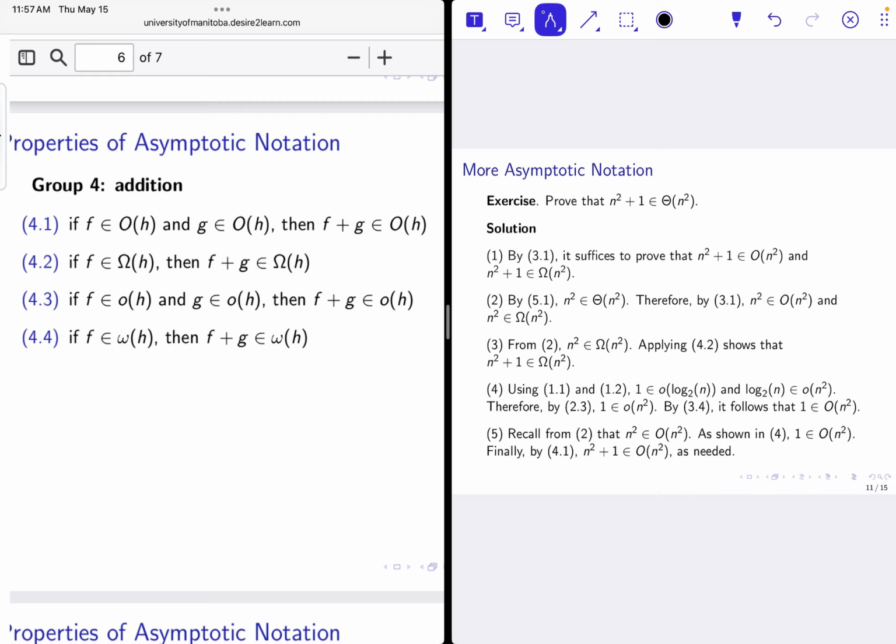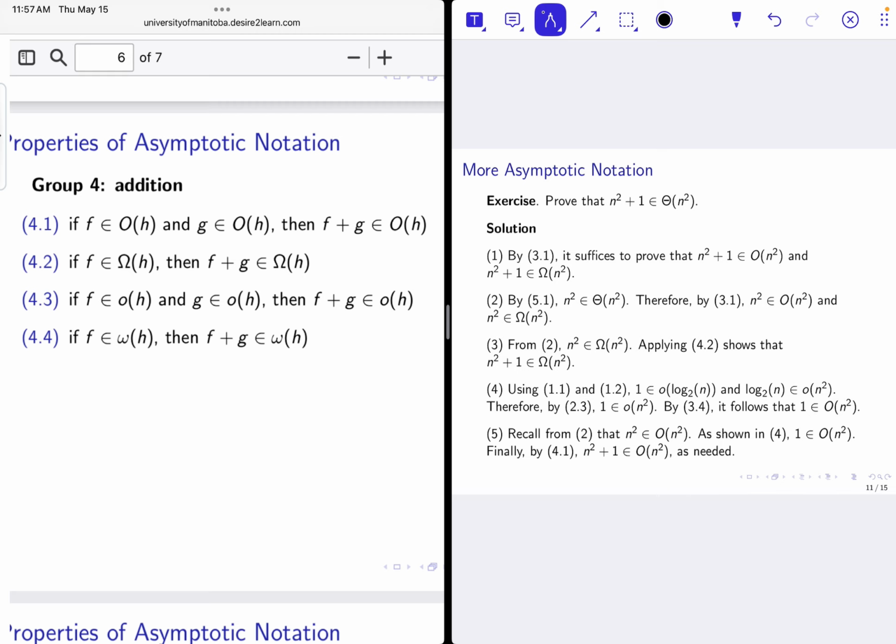Then we use our sum rules to go from the fact that n squared is in big O and big omega of itself to go to the fact that n squared plus 1 is in big O and big omega of n squared.